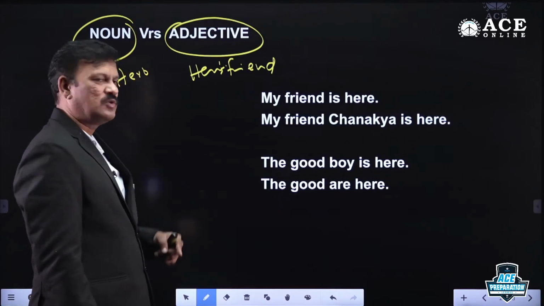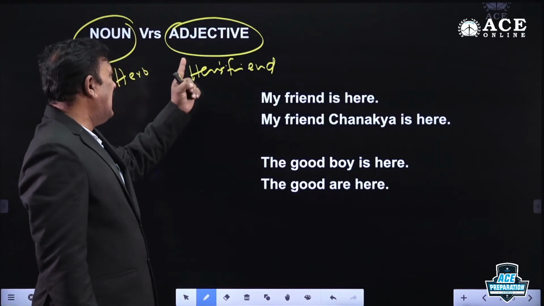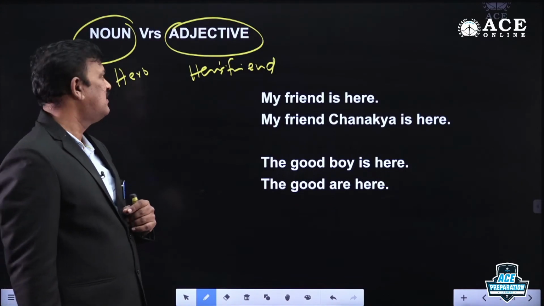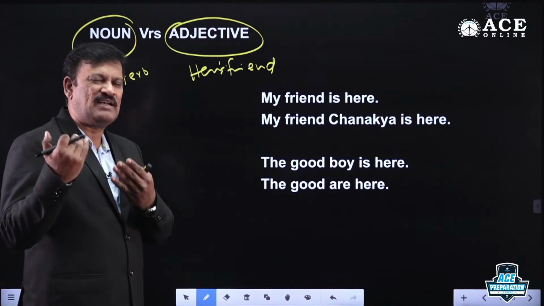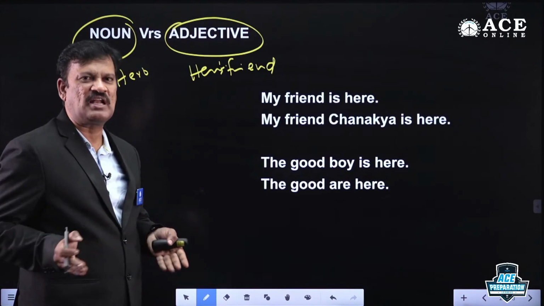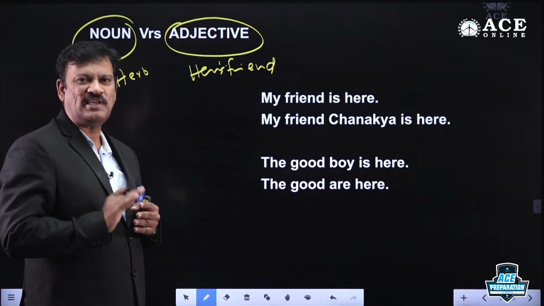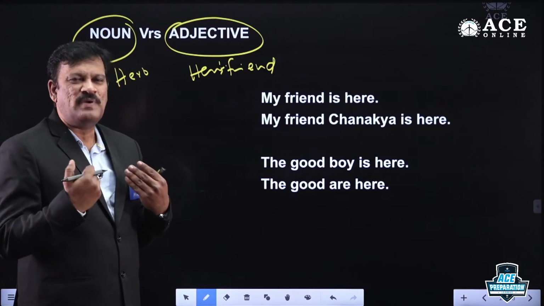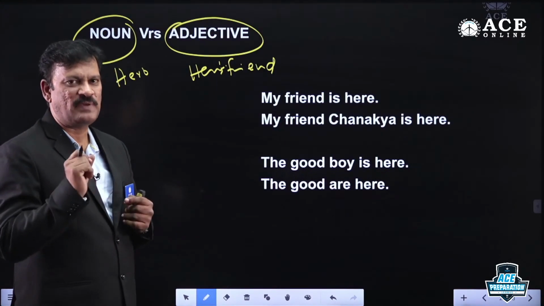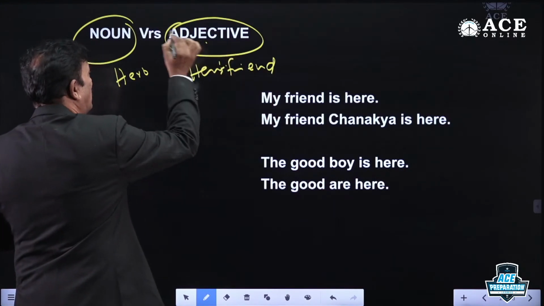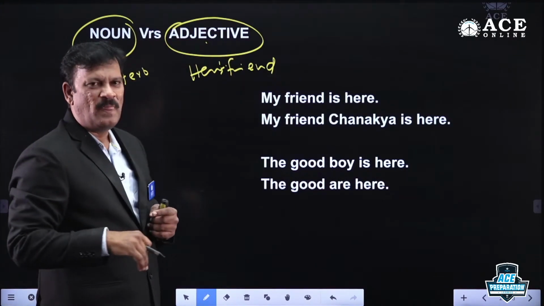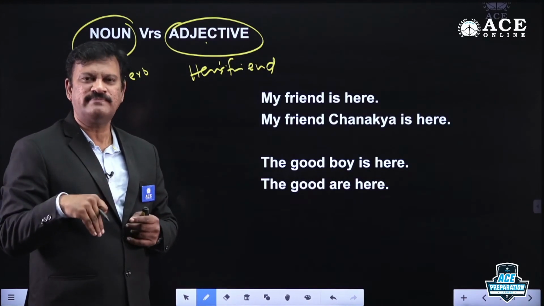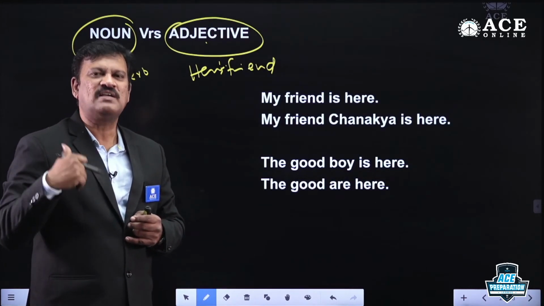Both these 2 words are discussing. Adjective is very unhappy with noun. Why? Adjective says, yeah, every time you are the hero, I am the joker, I am following you. You are playing with heroine and running around the trees and singing songs. So let me become a hero. It means adjective wants to become a noun. Noun is very broad-minded. It says, no problem, you become noun, I become adjective.